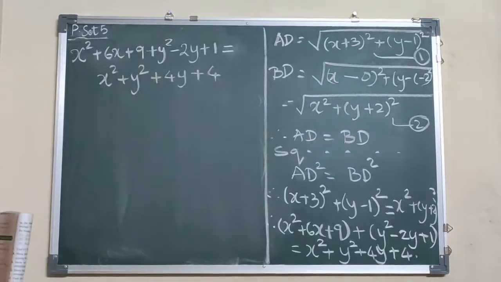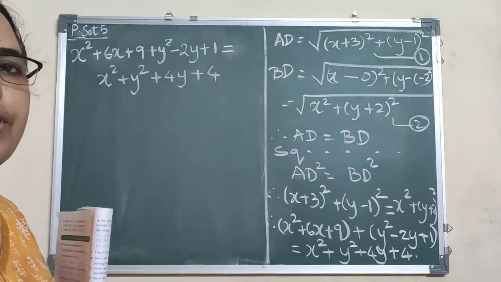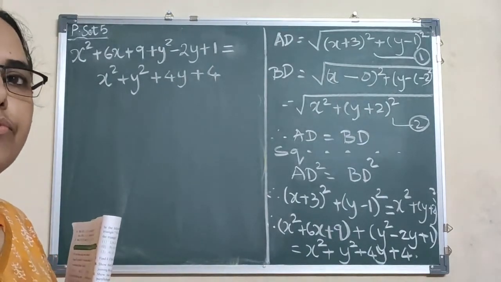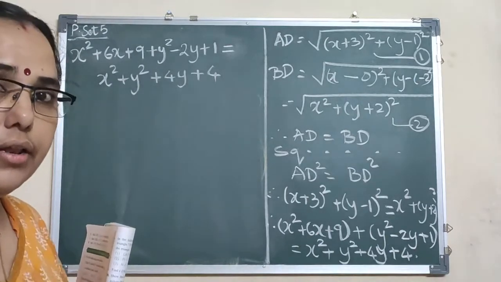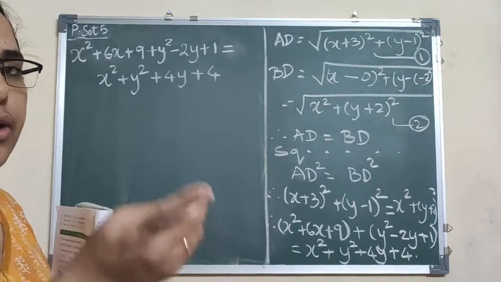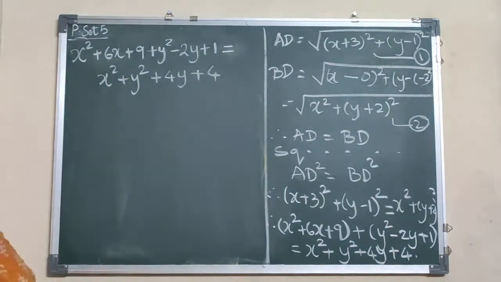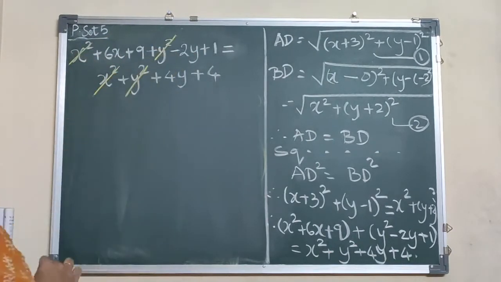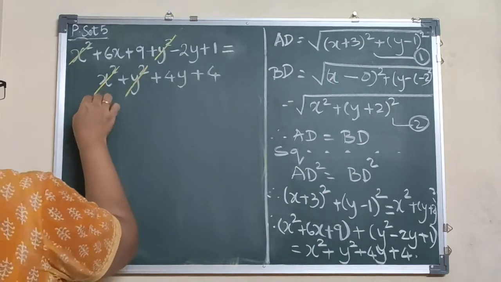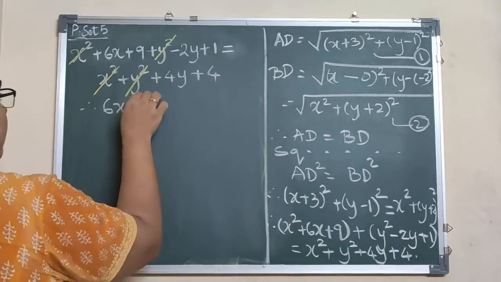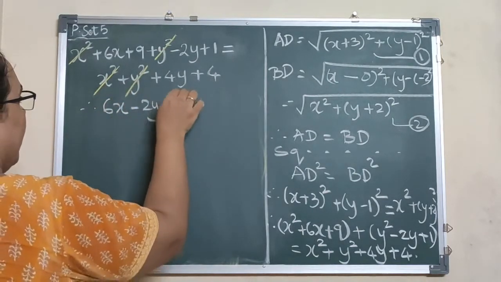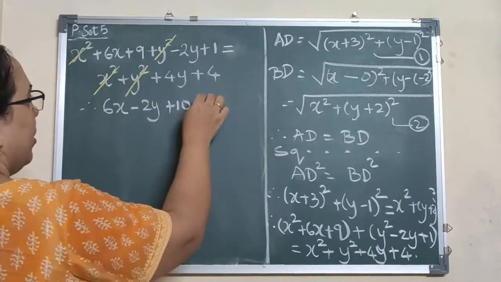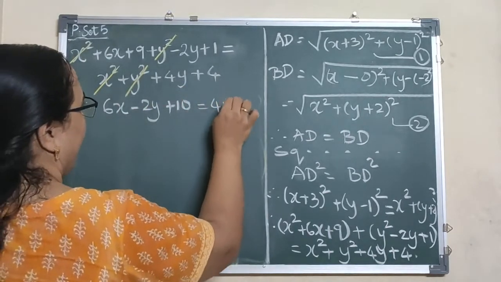So here on either side of the equal to, you can find square terms having the same sign. Since they have the same sign on either side of the equal to, they get cancelled. Therefore, we have 6x minus 2y plus 10 here. On the other side, it is 4y plus 4.